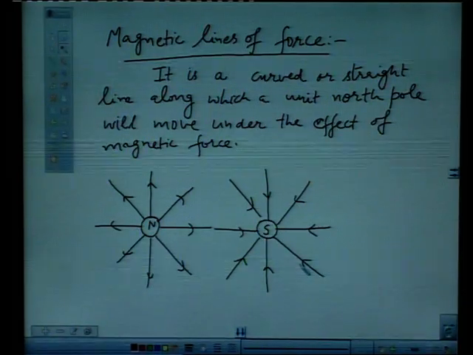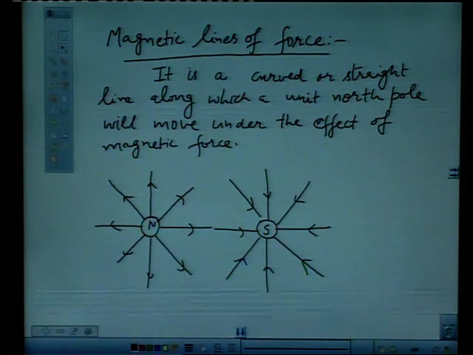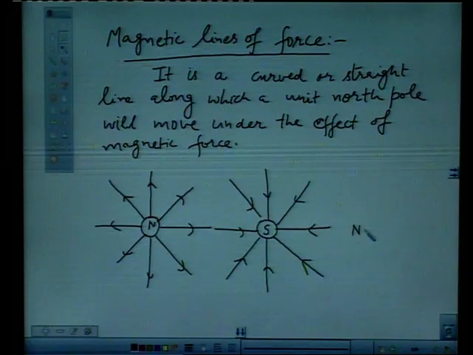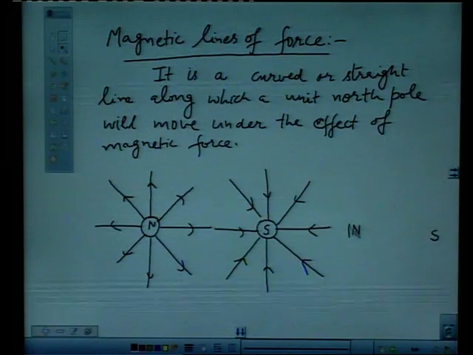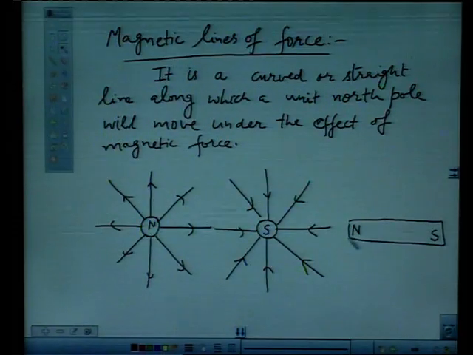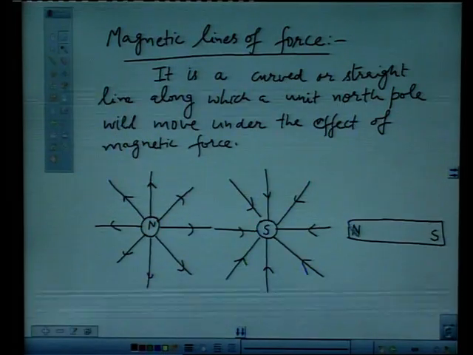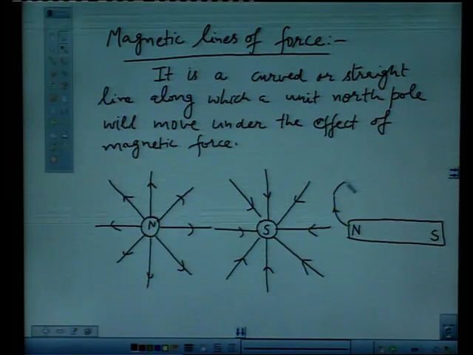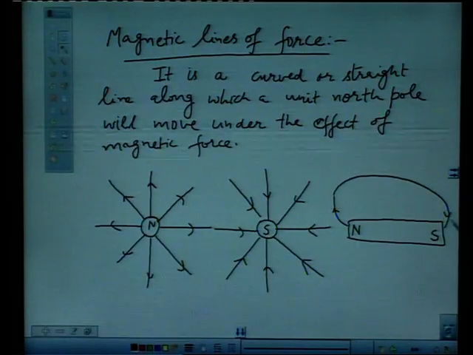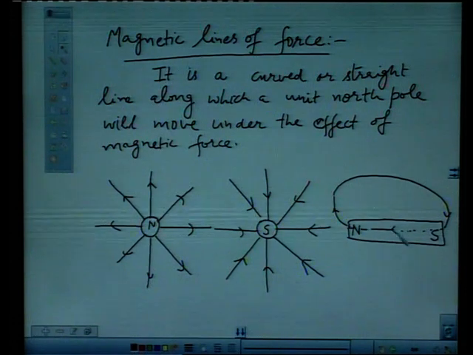So, unit south pole will have magnetic lines of force like this, and if we have a dipole, magnetic poles north to south, then magnetic lines of force originate from the north pole and end at south pole outside the magnet, and from south to north will move inside the magnet.